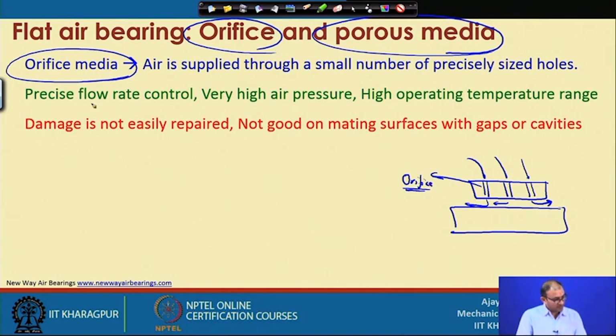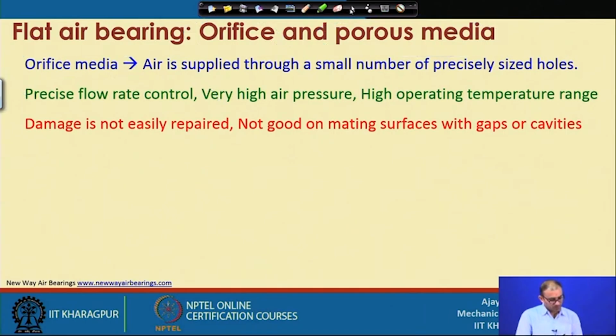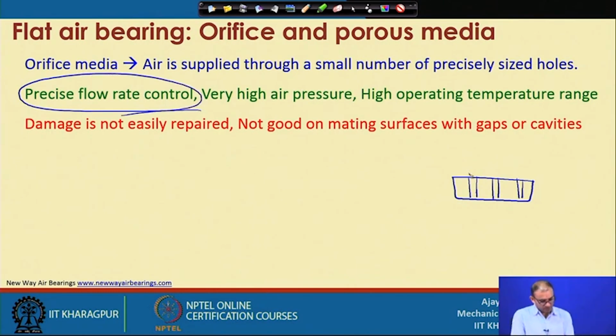So what are the advantages? The advantage is precise flow rate control, because you know the diameter of the hole you are drilling. Very high pressure is possible, because everything is solid. Let me draw it again. Precise control means you know the size, the dimensions are known.